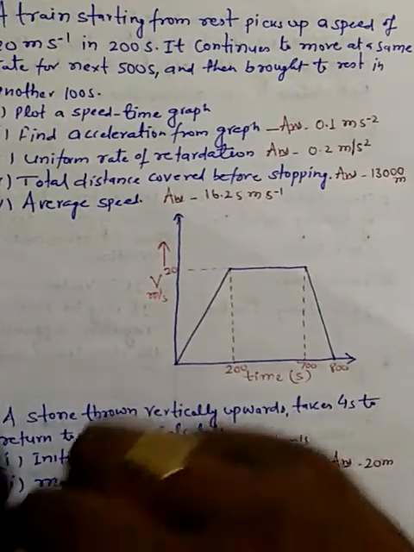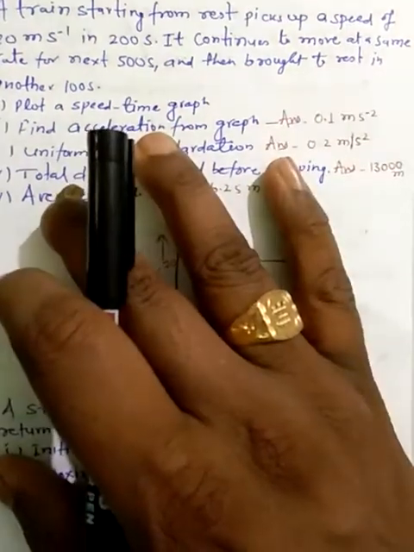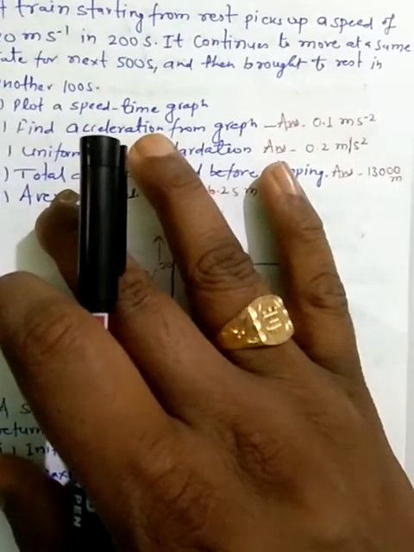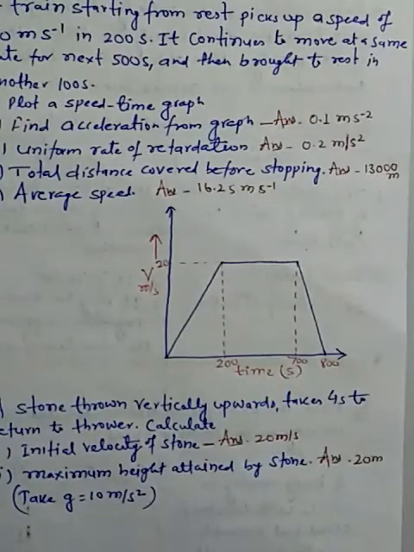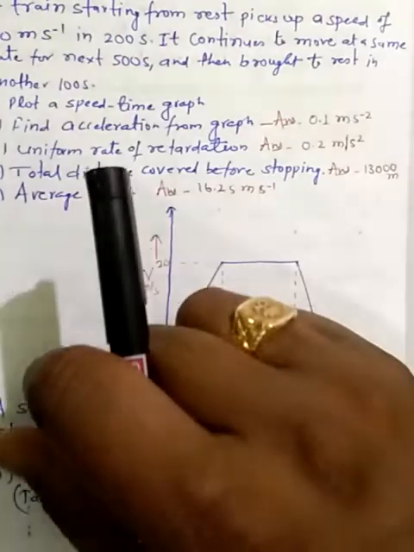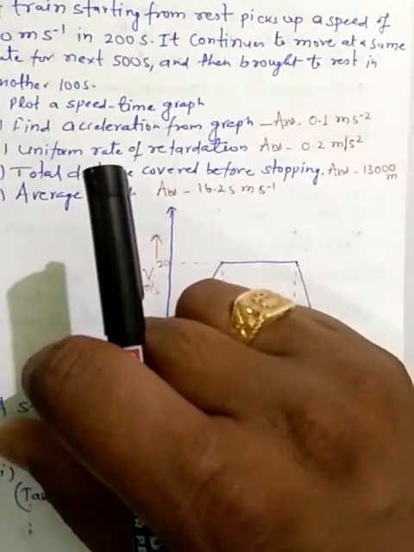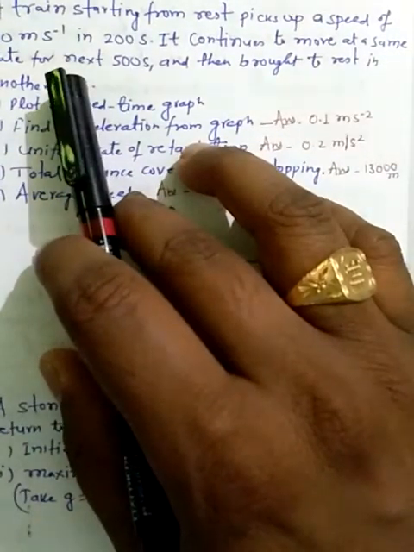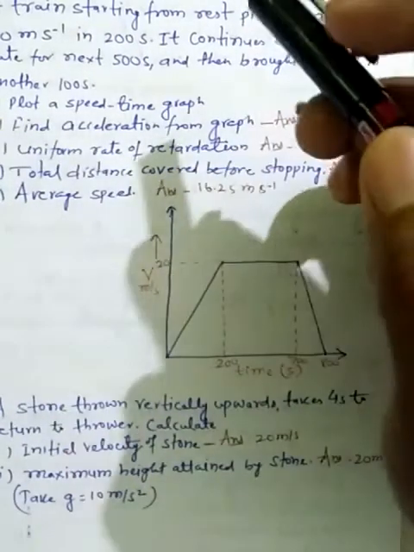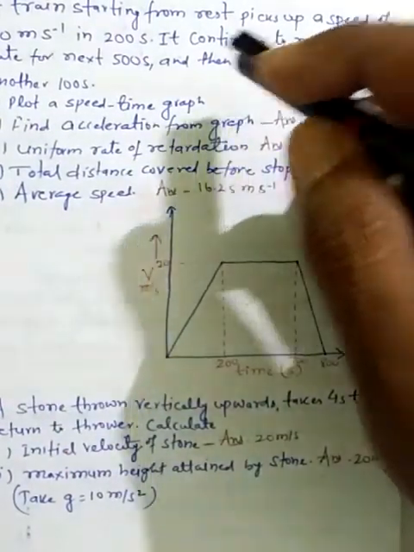Today we will discuss two more questions related to the velocity time curve and motion under gravity. The first one is related to the graph of the velocity time curve.